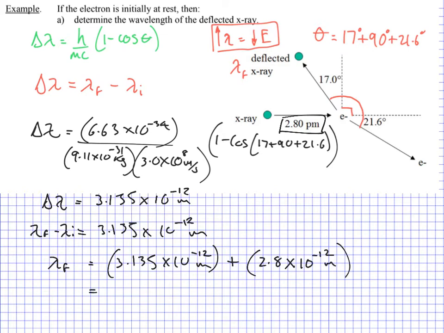And so that's going to give us 5.935 times 10 to the negative 12 meters. In other words, it's going to be 5.94 to 3 significant digits, and I'm going to call that picometers. Okay.